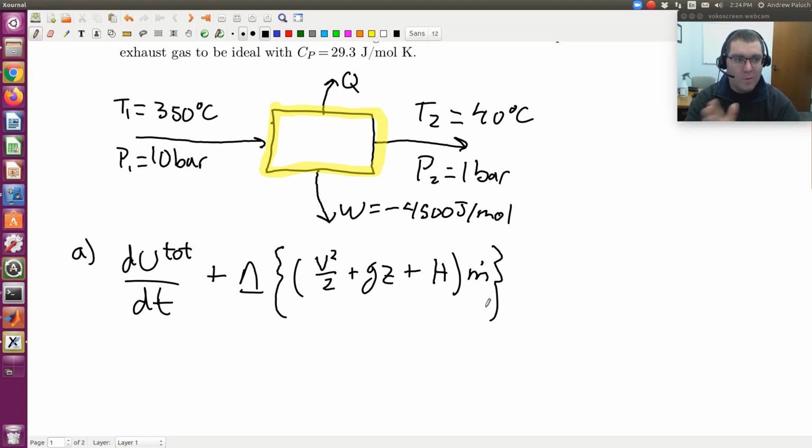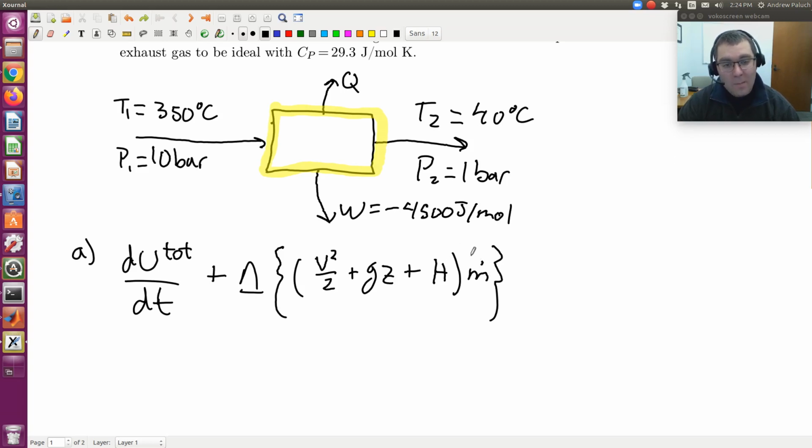So it has to perform some PV work in order to displace the fluid element in front of it. U plus PV is H. So it's H, not U, because of that PV boundary work that essentially needs to be done to displace the fluid element in front of it. Okay, so there's my left-hand side. Now I multiply by m dot. This is my mass flow rate. This is going to have units of kilograms per second.